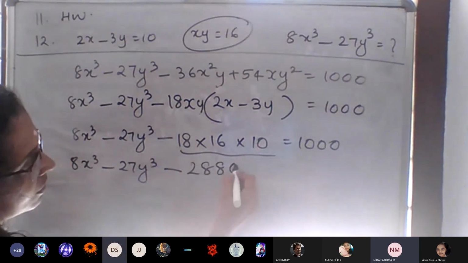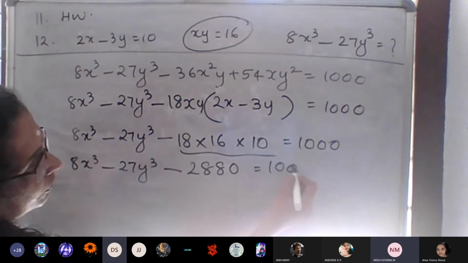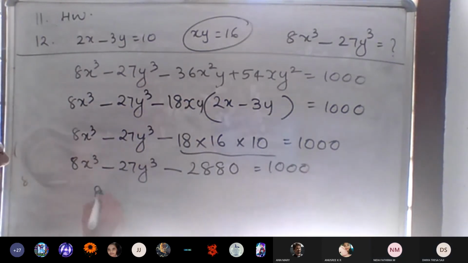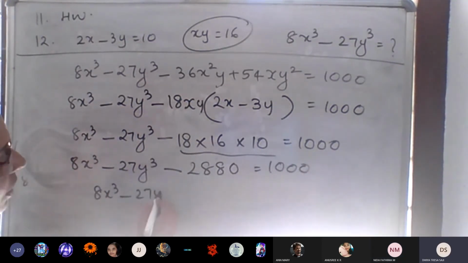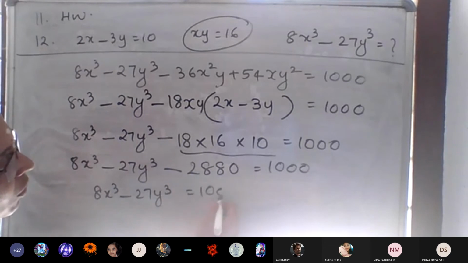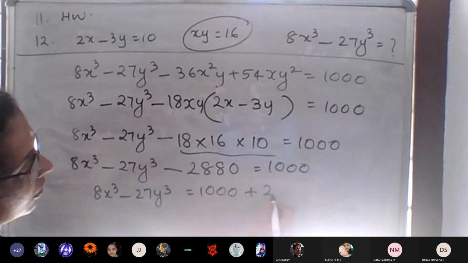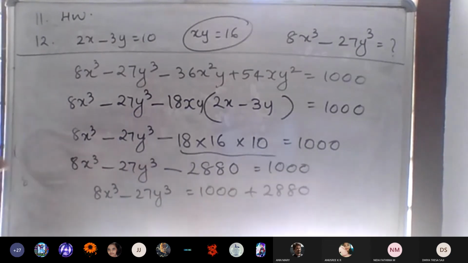Into 10 also, 2880. We need 8x cube minus 27y cube, so what do we have to do? Take this 2880 to the right side. So 8x cube minus 27y cube is equal to 3880. That is your answer. Okay.